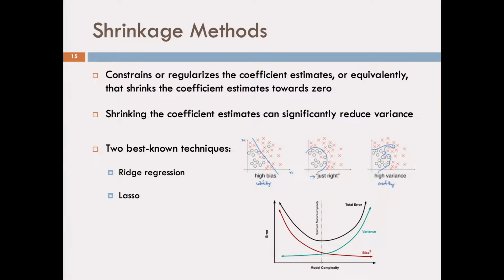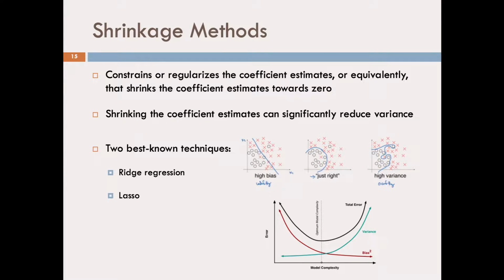These are very used in biological data. Companies use this a lot, universities. This is very interesting. What these methods do is constrain, or we say regularize, the coefficients. This means that they shrink the coefficients towards zero.